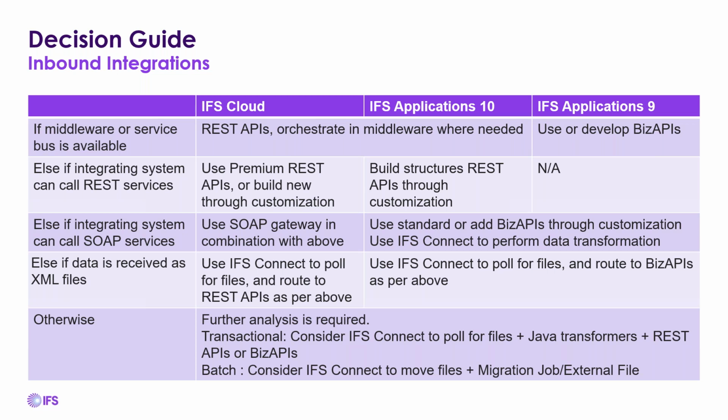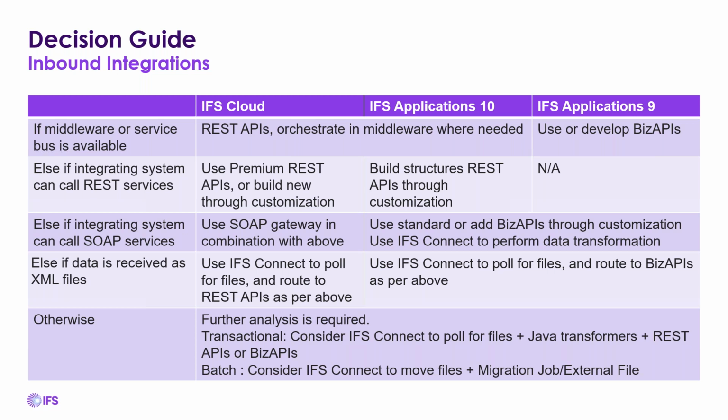Again, is there a middleware service bus or something like that available, like a Dell Boomi? Then I would recommend using the various REST APIs that are there in IFS out of the box as they are. That is if you're on Applications 10 or IFS Cloud, of course. They're not available in Applications 9.